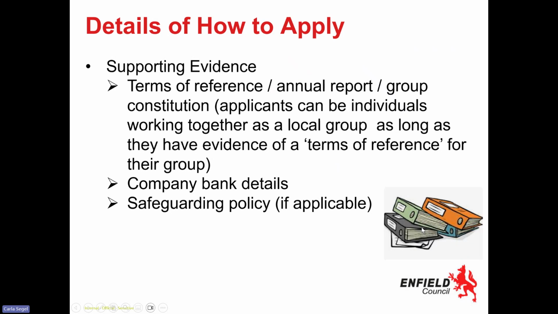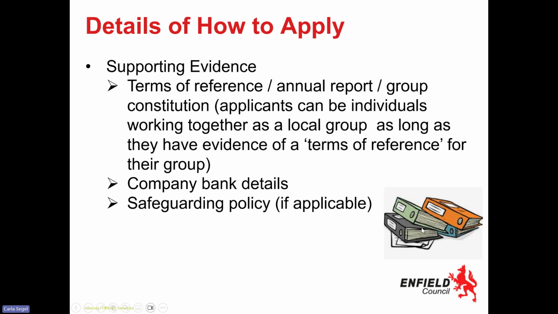Supporting evidence. As I said, there are some key documents that you must upload with your application. You have to attach it to the web form when you submit it. The first is a terms of reference or an annual report or a group constitution.